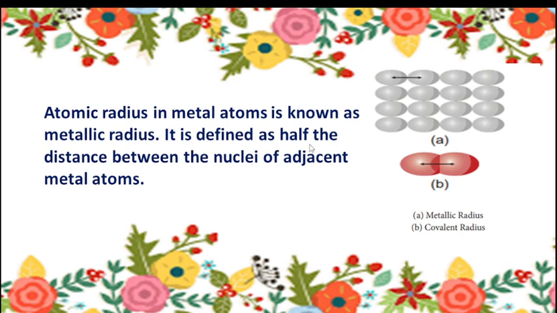It is defined as half the distance between the nuclei of adjacent metal atoms, from the center of the nucleus to the outermost shell of the atom. This is the metallic radius.